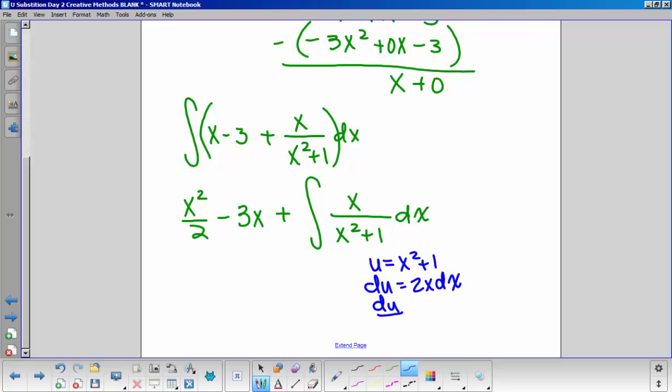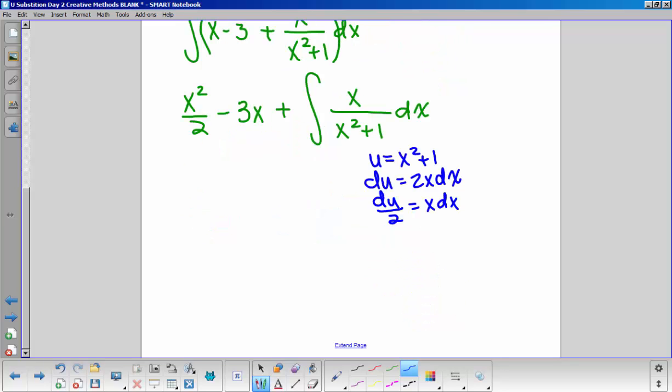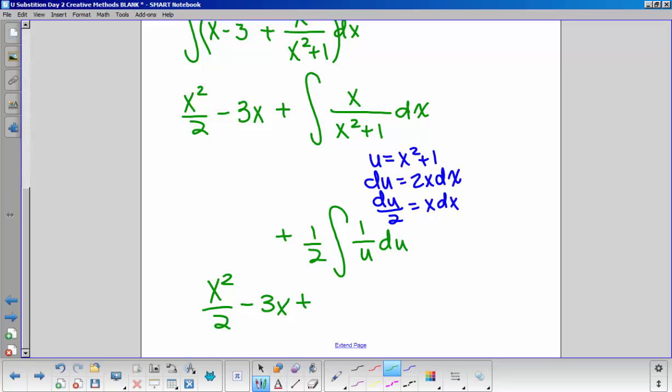So this would be du over 2 equals x dx. Substituting in, I'm going to get plus 1/2 the integral of 1 over u du, which we're getting used to being natural log. So I'm going to simplify this: x squared over 2 minus 3x plus 1/2 the natural log of u, but u is x squared plus 1, plus c.